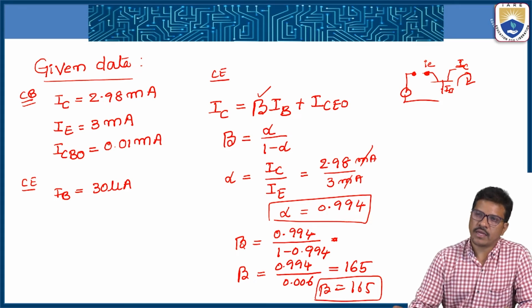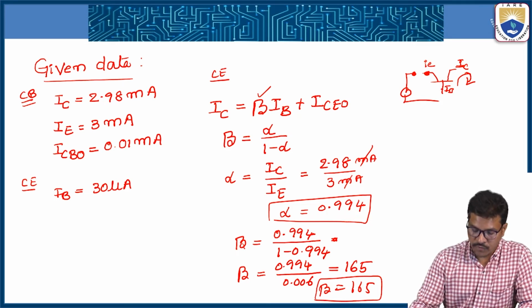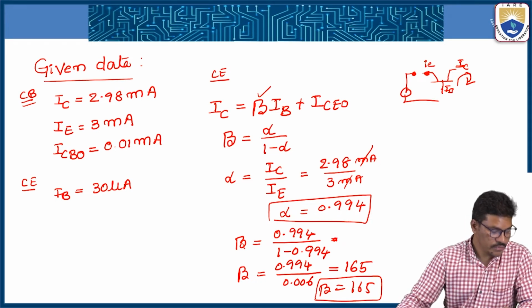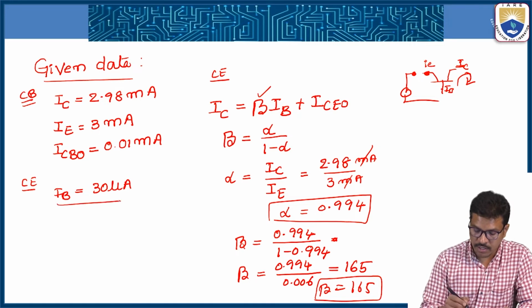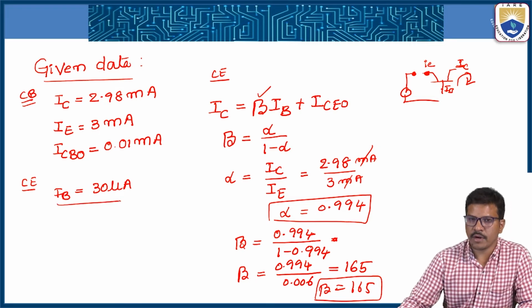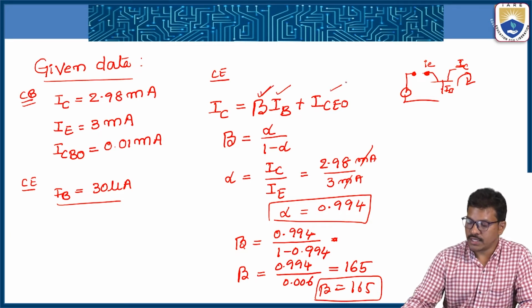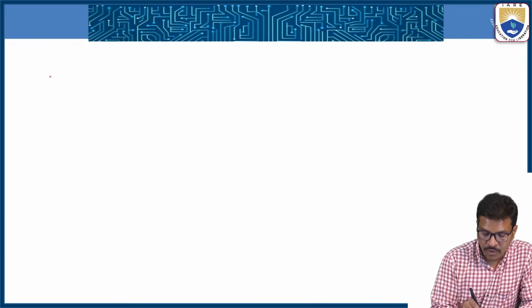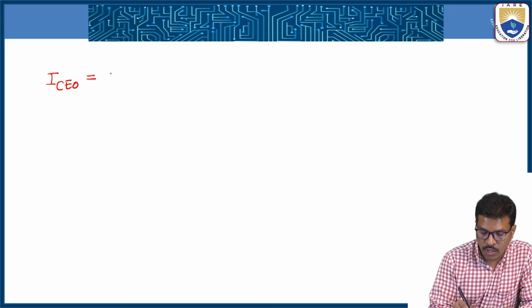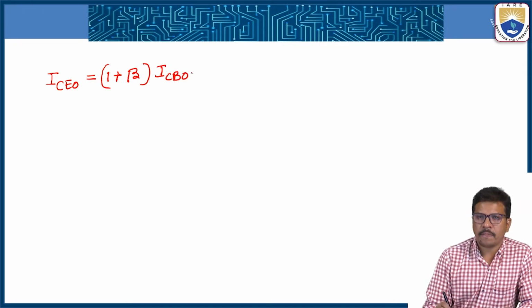Then the remaining are IB and IC naught. IB is given as 30 microampere in the common emitter configuration. Beta is already found. And IC naught: what is IC naught? IC naught is equal to 1 plus beta times ICB naught.